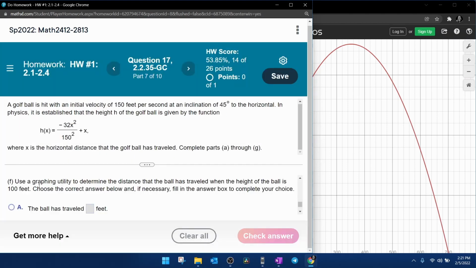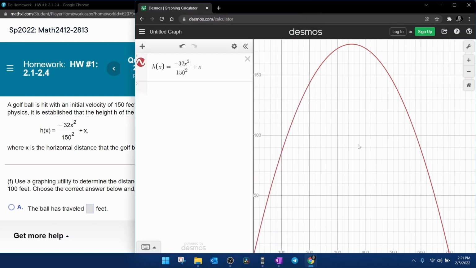Part F, using the graphing utility, determine the distance that the ball has traveled when the height of the ball is 100. So we can come over here to Desmos, and if we click on this graph, we're looking for a y value of 100. Remember, in this graph, the y is how high.